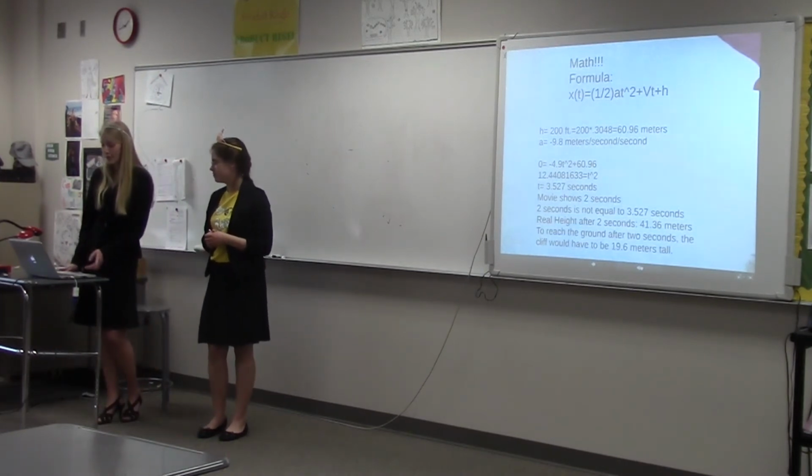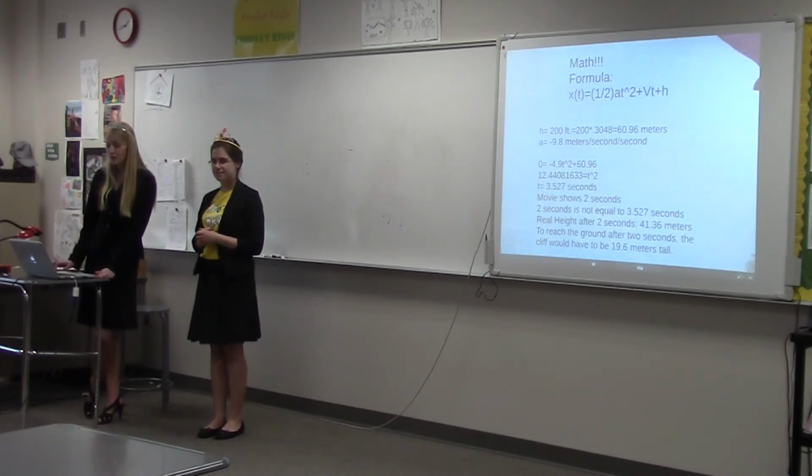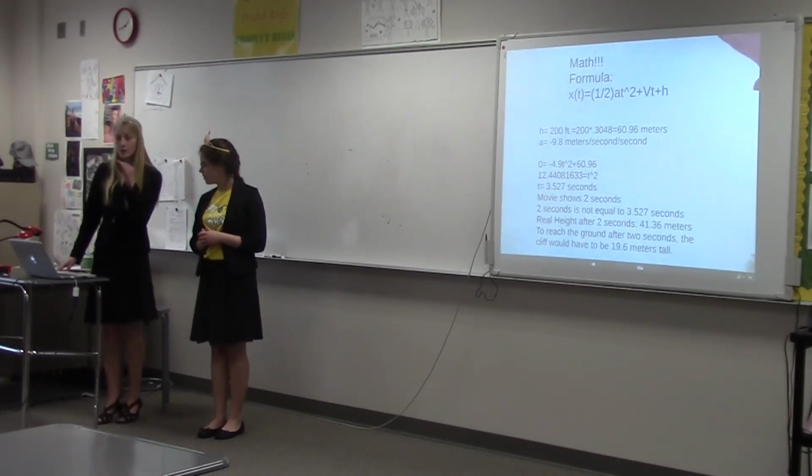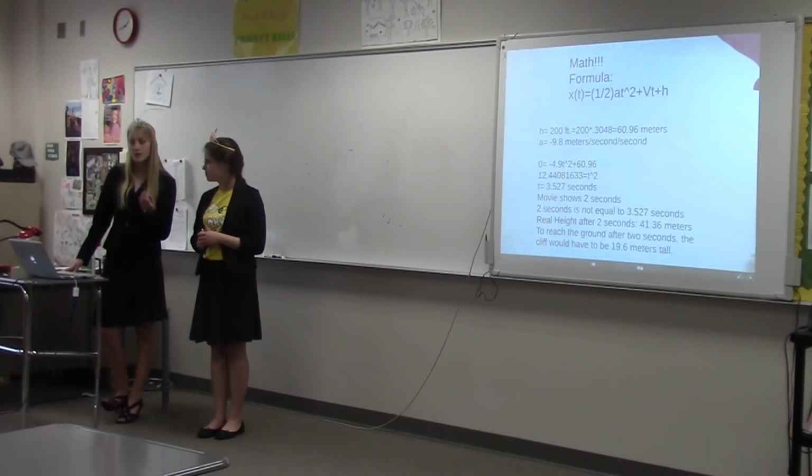At time 0, we set up our equation so that it's negative 4.9 t squared plus 60.96 because they don't have an initial velocity when they're falling. And by solving that equation, we find out that if they were really starting at that height, it would have taken them 3.527 seconds to reach the bottom.